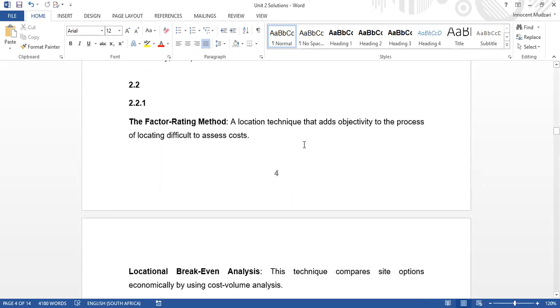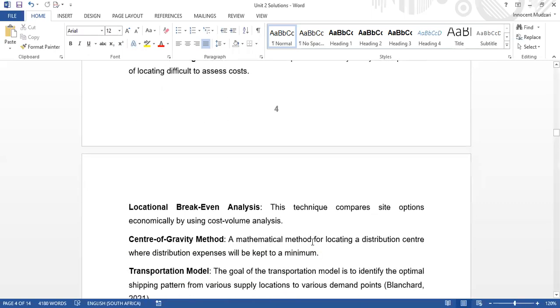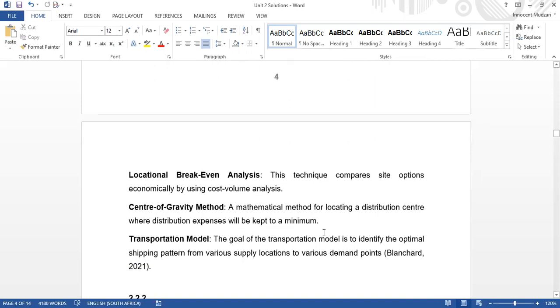This is a location technique that adds objectivity to the process of locating difficult to access costs. That's it. You get 1 mark. And then the other method or technique that can be used is the locational break-even analysis. This technique compares site options economically by using cost volume analysis. And then the third one is the center of gravity method.